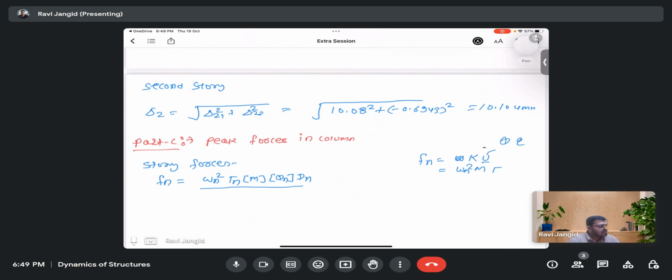And q is stiffness multiplied by displacement, and then we replace it with dn. So that would be phi gamma dn. Then you only need to rearrange the terms. This way you can get it.